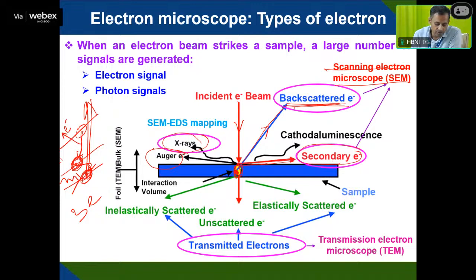The Auger electron can be used for Auger electron spectroscopy studies, where you can identify the morphology as well as the oxidation state or surface characteristics, in addition to X-ray photoelectron spectroscopy.